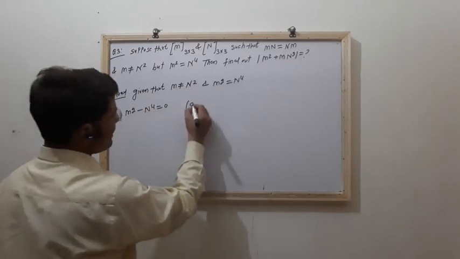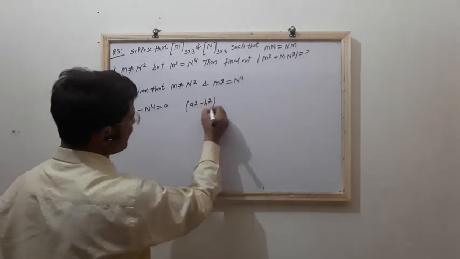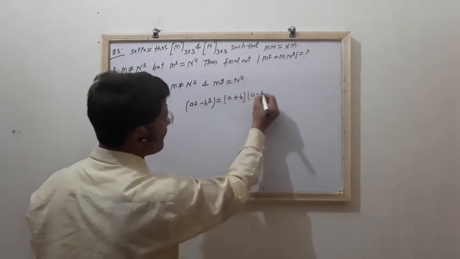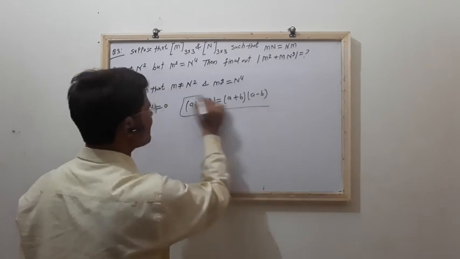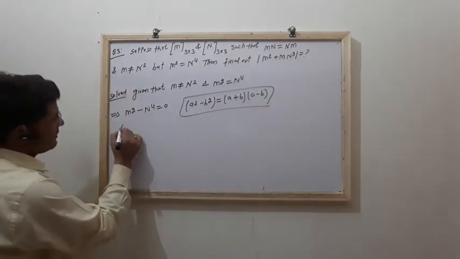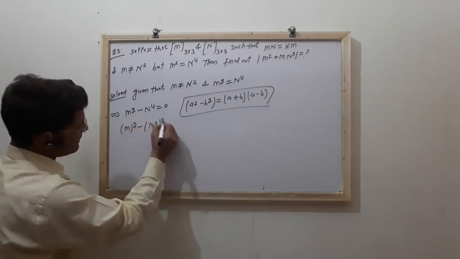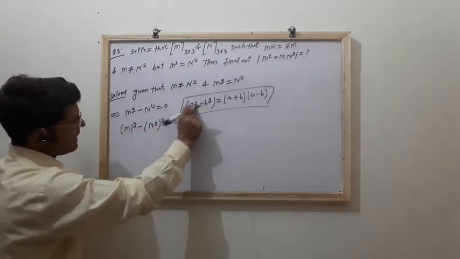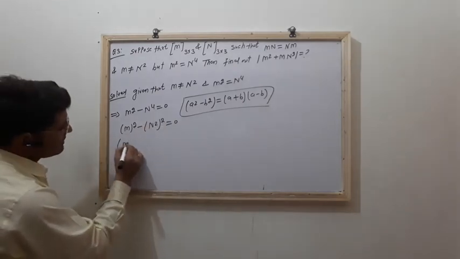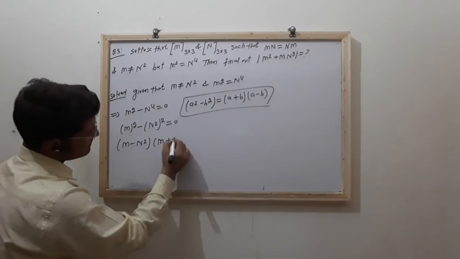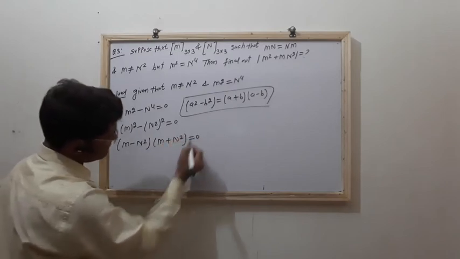We know that A square minus B square is equal to A plus B times A minus B. By using this formula, M complete square minus N square complete square is equal to 0, means that M minus N square times M plus N square is equal to 0.